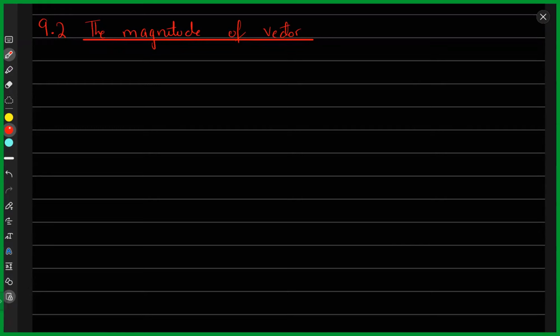Now, let's suppose that we have a two-dimensional vector. So the column vector is going to be (x, y), and we are going to write it down this way, or you can write it down as xi plus yj.